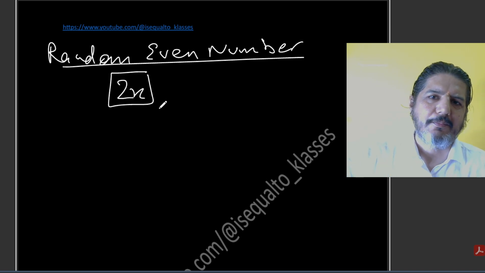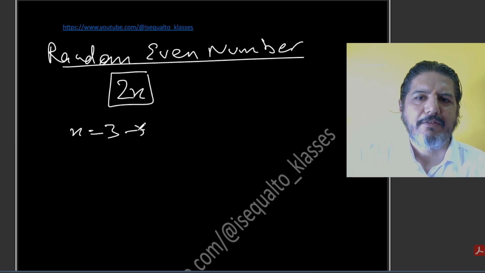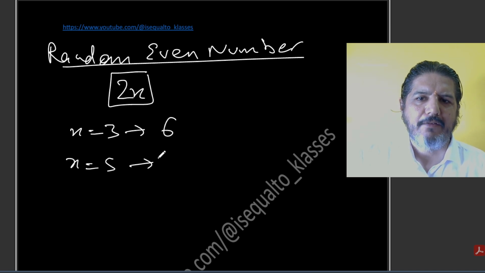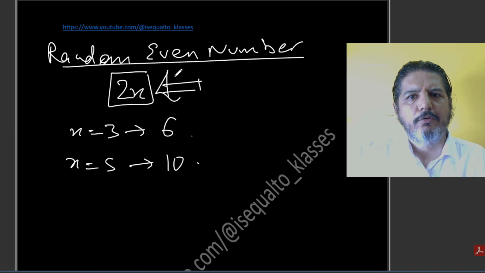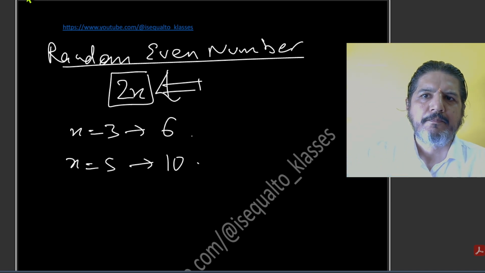So let's try. For example, if I put x is equal to 3, then 2x is equal to 6. If I put x is equal to 5, then the number is 10. So what I'm trying to tell you is that whenever they are asking you any even number, always assume that the even number you want to start with is 2x.